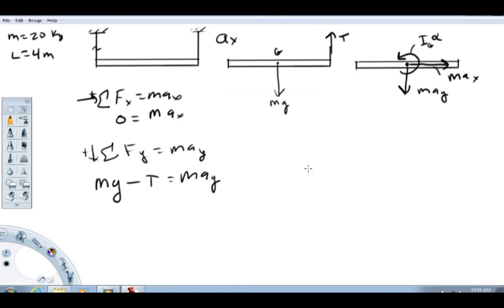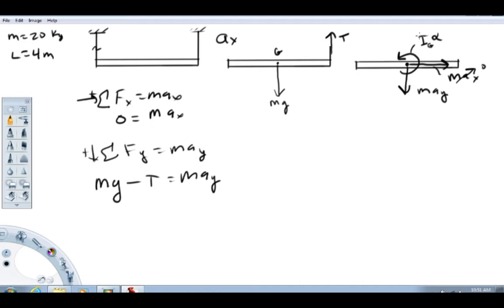As I look at this problem, we know that the acceleration in the x direction is 0. That one's done, we don't need to worry about it. The problem still really has three unknowns, though. We don't know the tension, we don't know a_y, and we don't know alpha, the angular acceleration. The moment of inertia I is no problem.